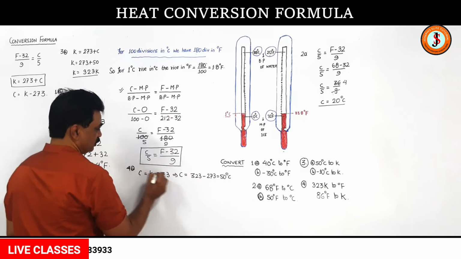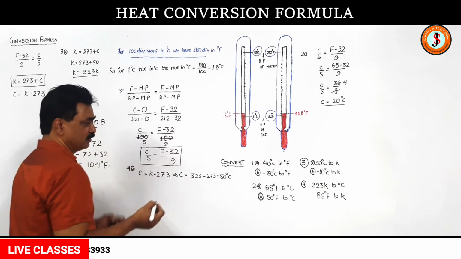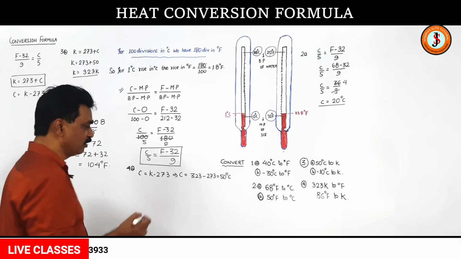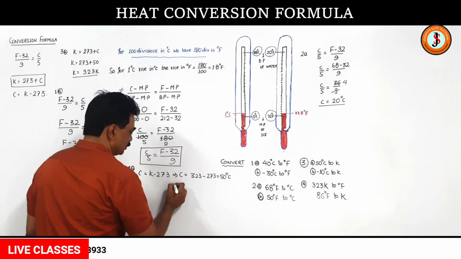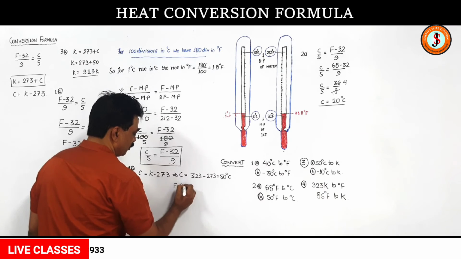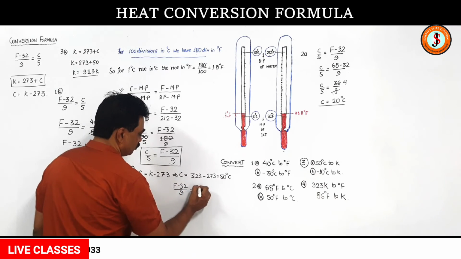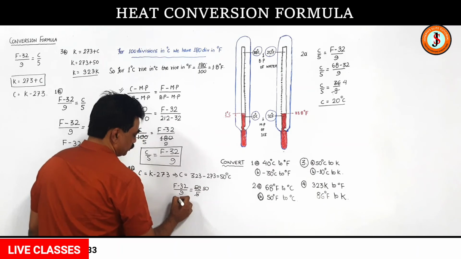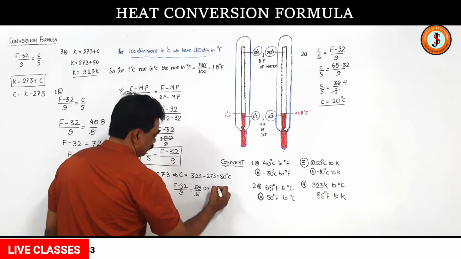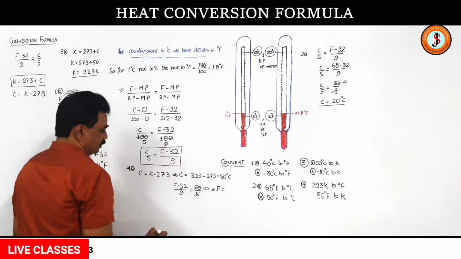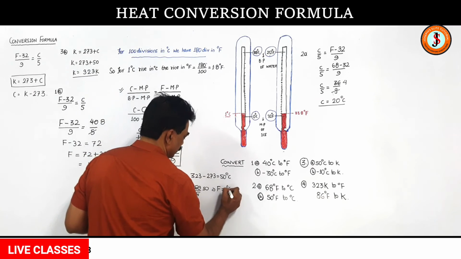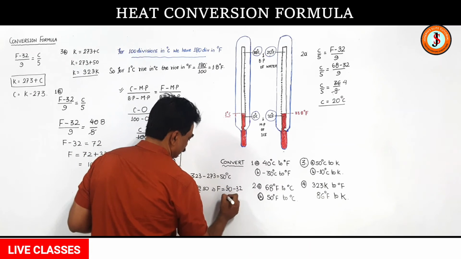Now once you have got this temperature in degree centigrade, you can straight away convert it into Fahrenheit. It will be like this. Fahrenheit you have to find out, so it will be written first: F minus 32 by 9 is equal to C by 5, that means 50 by 5. So F minus 32 is equal to 9 tens are 90, so F will be 90 minus 32.